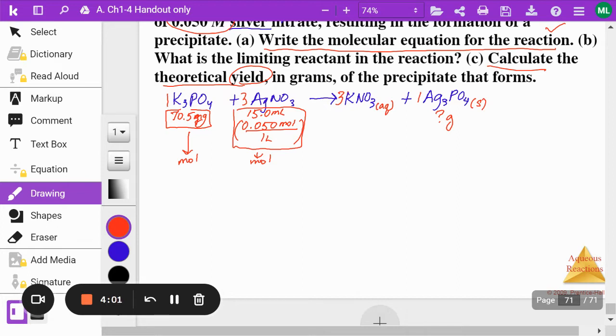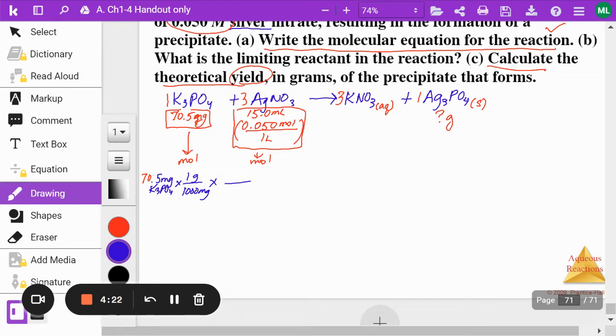Okay, so we have 70, just do this. Go ahead and pause the video and try it yourself. Okay, 70.5 milligrams K3PO4. 1,000 milligrams is 1 gram.